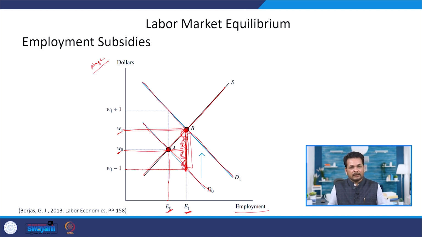So, you can see the overall impact: the wage has increased, the employment has gone up in the economy, and in terms of welfare gain, it increases the worker surplus as well as the producer surplus.